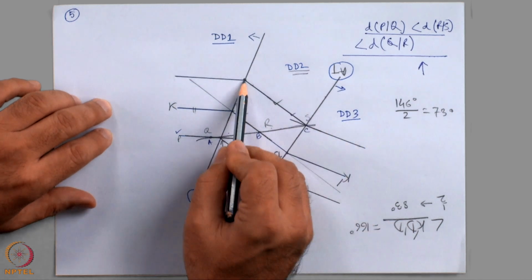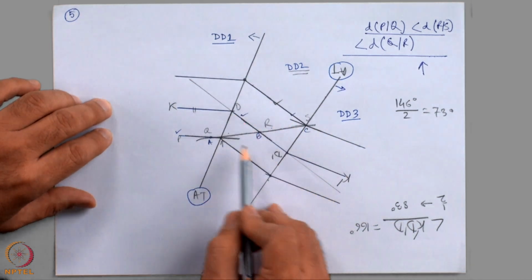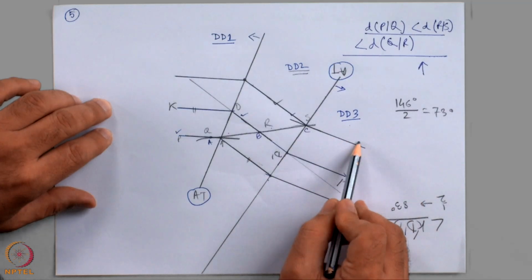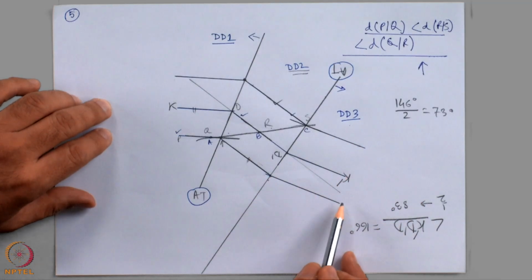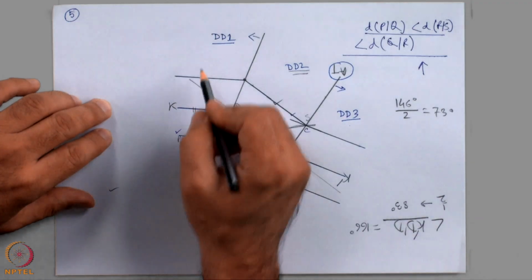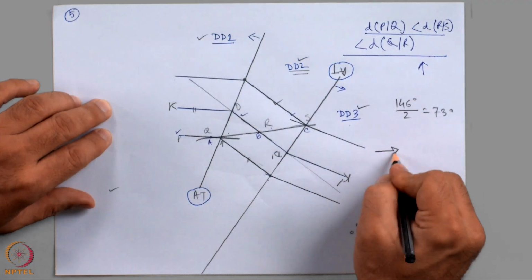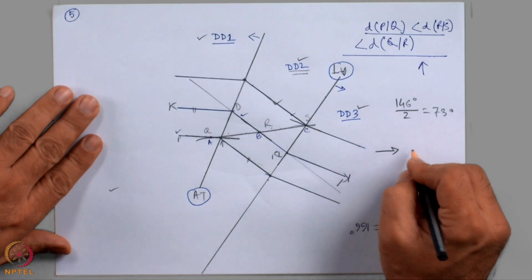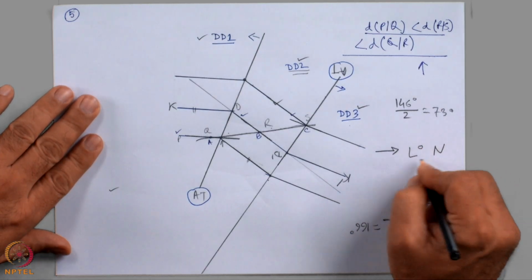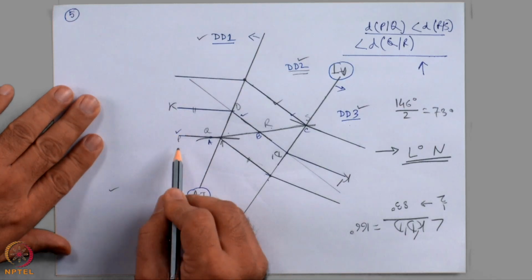In dip domain 2, they have the same dip and dip direction, and in dip domain 3, they have the same dip and dip direction. In this particular case, the dip direction in dip domain 1, dip domain 2 and dip domain 3 are all towards the same geographic direction. Say this is L degree geographic north, so it is the same, but the dip amounts are different.